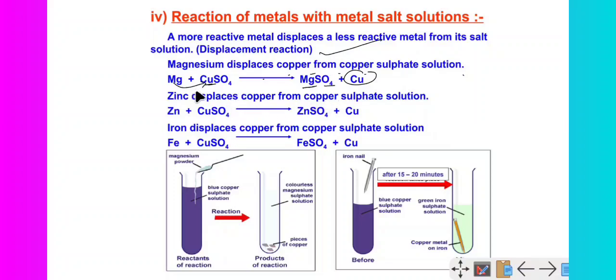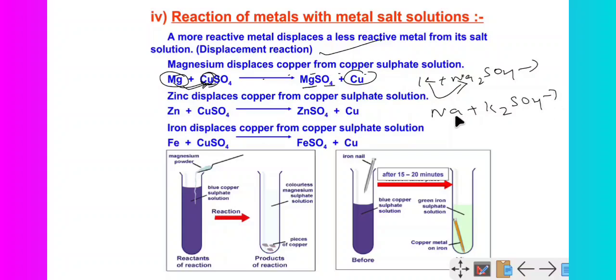So one point you have to remember in this type of equation is that this element should be what? More powerful than this element. Suppose in this case K plus Na2SO4. Now this potassium can displace sodium, but if it is the other way around, then no reaction takes place.